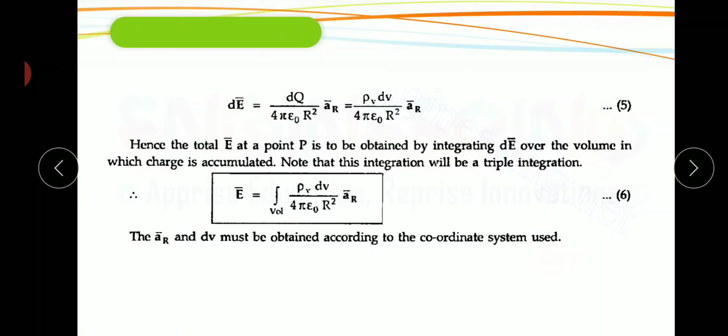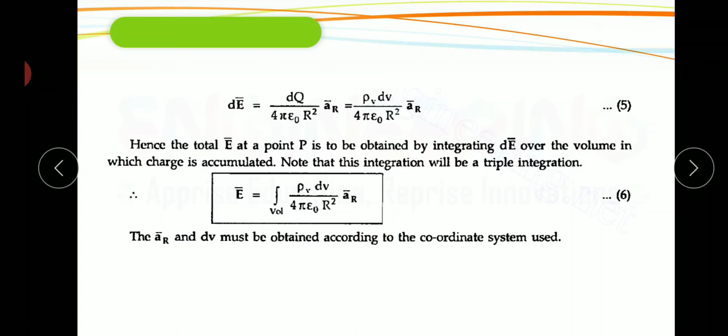So this is the expression for electric field intensity in a volume charge distribution. Now these are the different types of charge distributions and the electric field intensity due to them, that is line charge distribution, surface charge distribution and volume charge distribution.